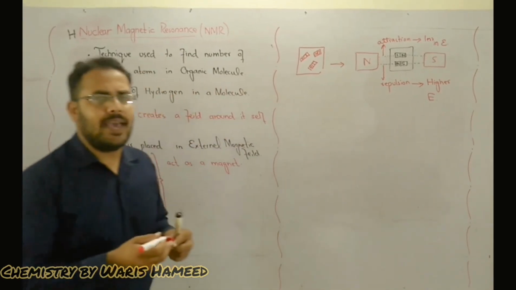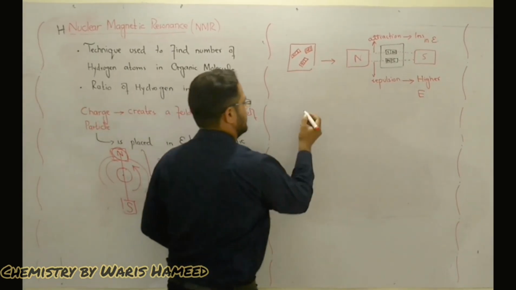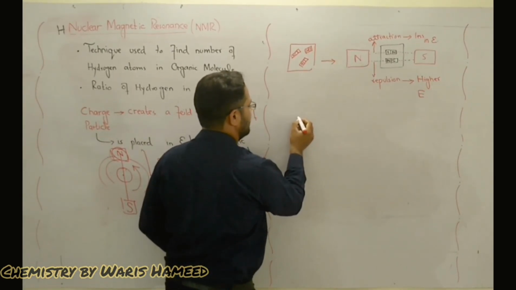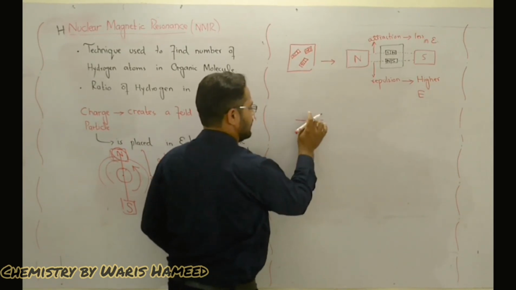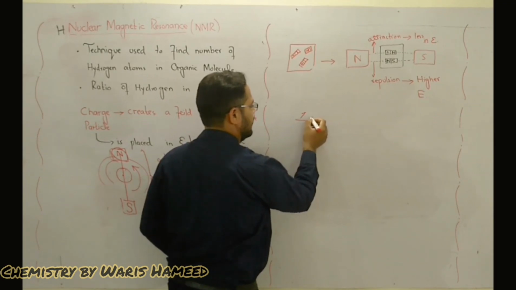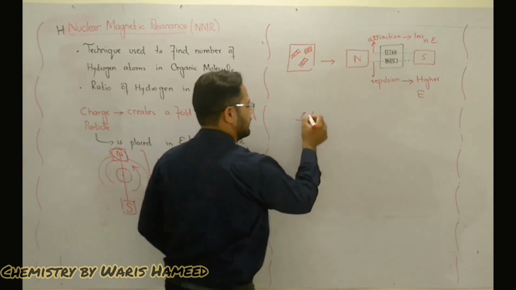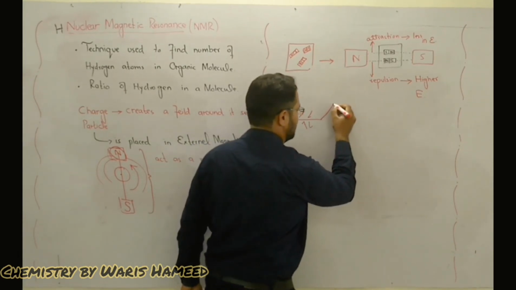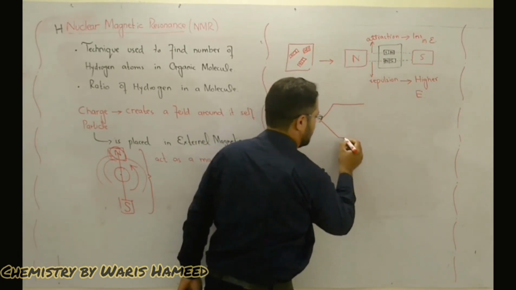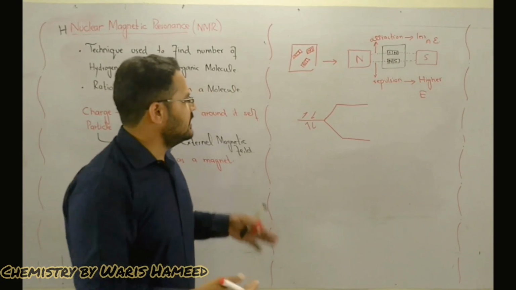So we can say that this system will have two types of energy levels. If it is a system having randomly oriented atoms and they are placed in an external field, they form two types of energy levels.